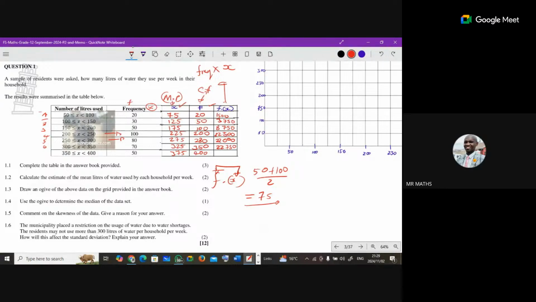Last one, 50 multiplied by 375, 18,750. Okay.